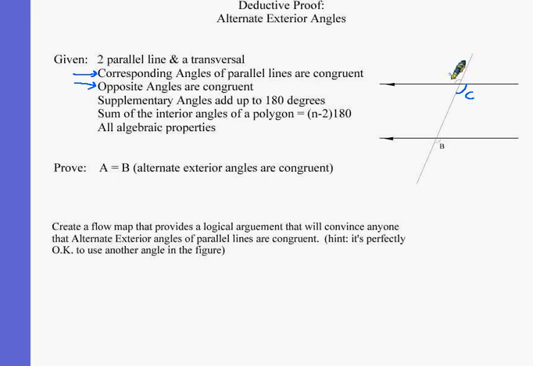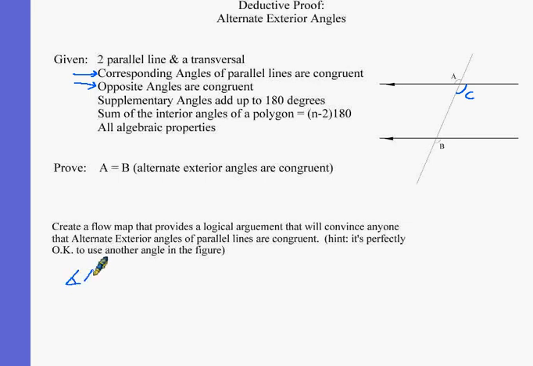All right. Well, if A equals C and B equals C, can't we connect A and B? And the answer is yes. So let's see how we can do that. So if we come down here and try to create a flow map, we can start off with what we just talked about.